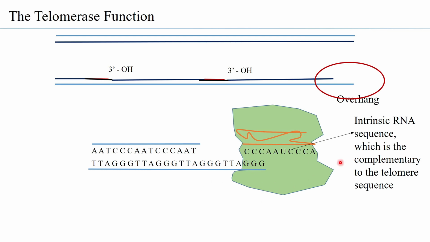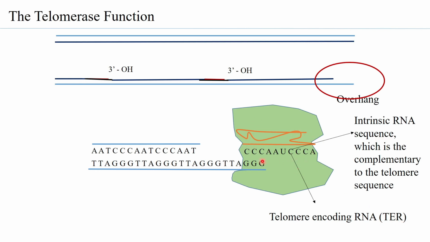So please remember that the telomerase has an RNA within its structure. So you can call this a ribonucleoprotein that acts as an enzyme. Now, having looked at this, all of this is nothing but what is called the telomere-encoding RNA.